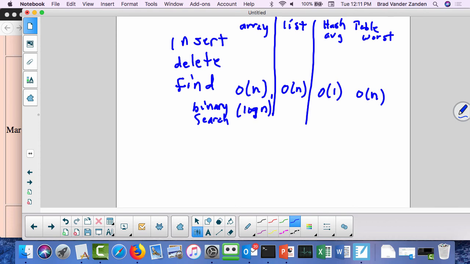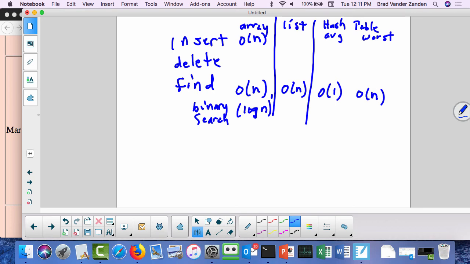You have to move all 10,000 items, which makes it order n, because you have to potentially move all n items. With a list, what did we say the insertion took? If you are right at the item, do you have to look at all n other items? No. Just one. So it's order 1.